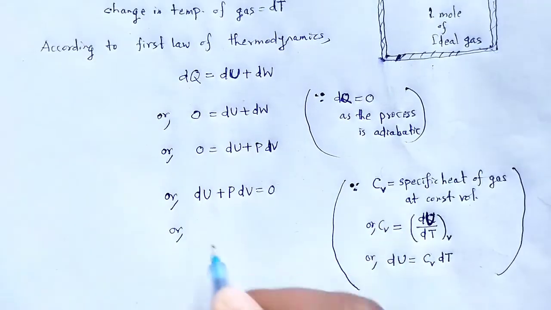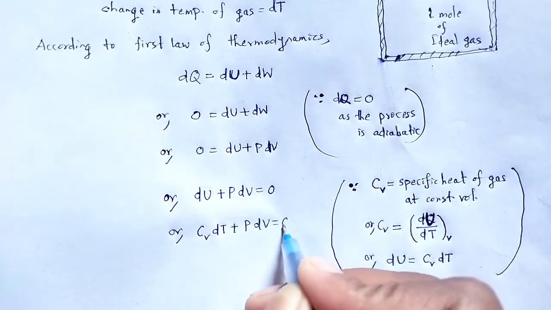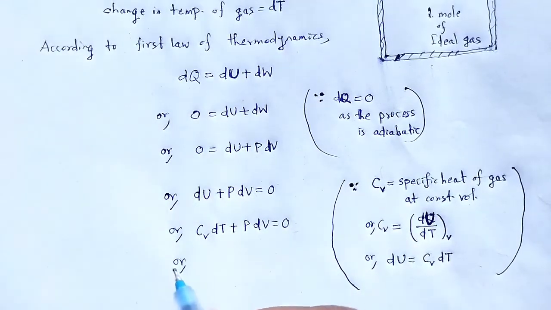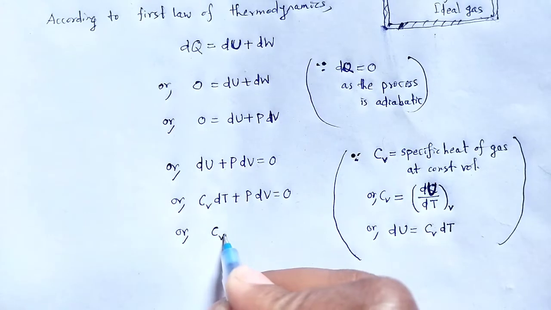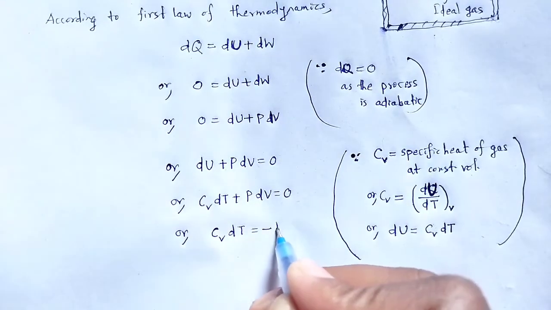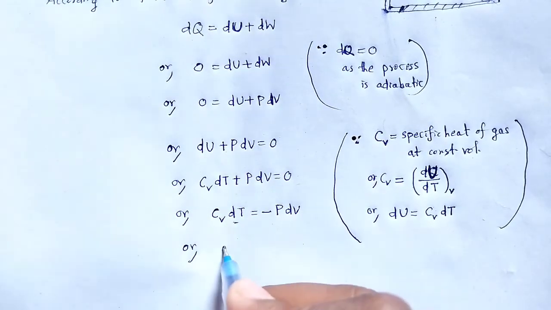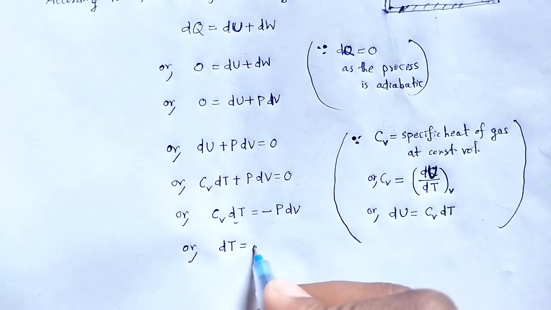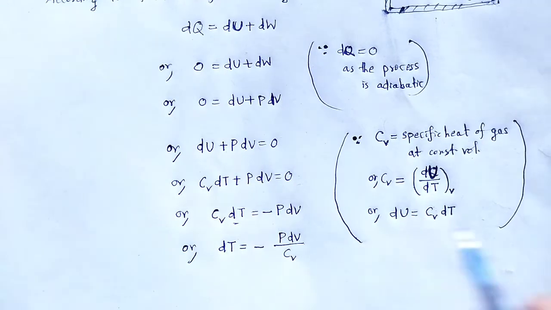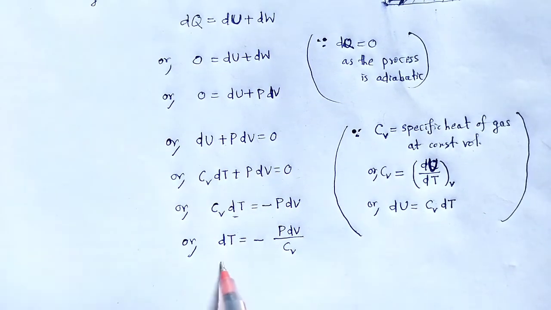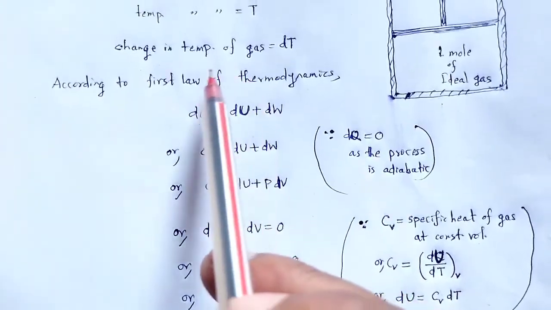In place of dU substitute Cv dT plus PdV is equal to 0, or Cv dT is equal to minus P dV, or dT will be minus P dV divided by Cv. Look at the equation. This dT is the change in temperature of the gas.